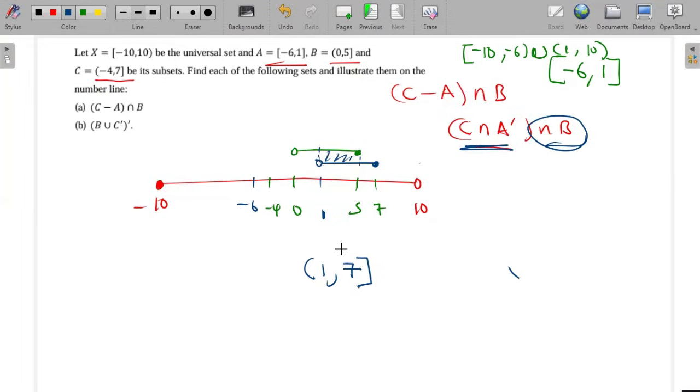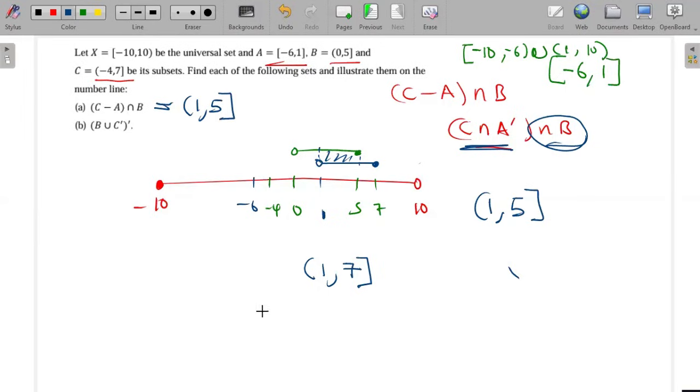Here at 1, 1 is not in the set. It is not in this blue set here, which is the C intersect A complement, so it can't be in the intersection. So it will be open there at 1, and then at 5 it is closed. Hence, this here is just going to give us the interval from 1 to 5, closed at 5.